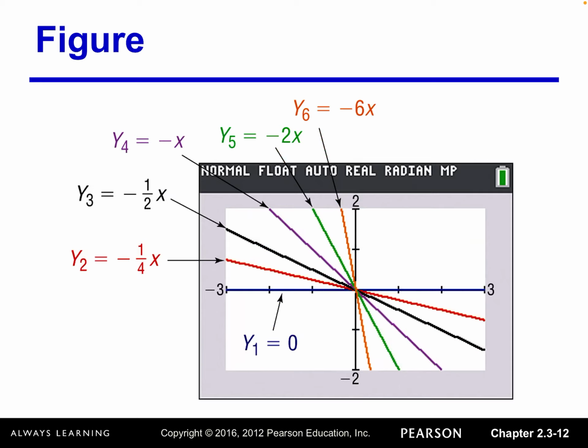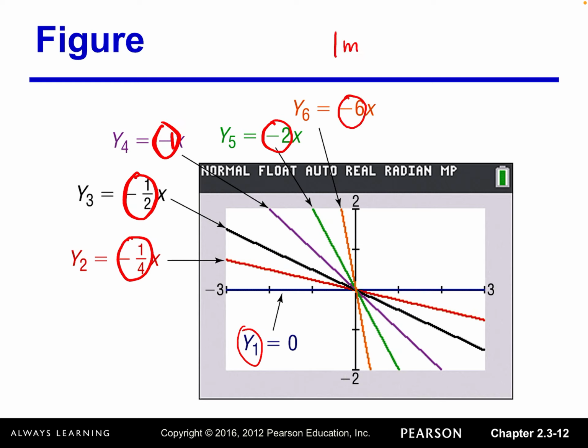Can we use the value of slope to determine how fast it's going downwards? Yes, we can. Let's look at this group of lines. Same y1 horizontal, y2 slope -1/4, y3 slope -1/2, y4 slope -1, y5 slope -2, y6 slope -6.